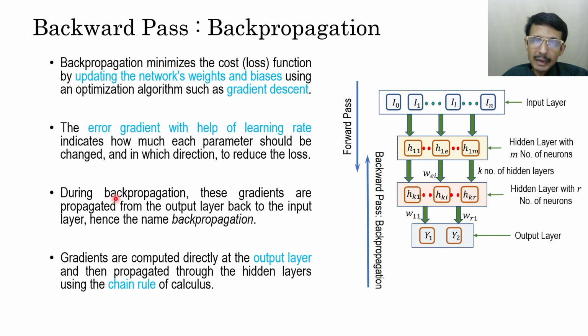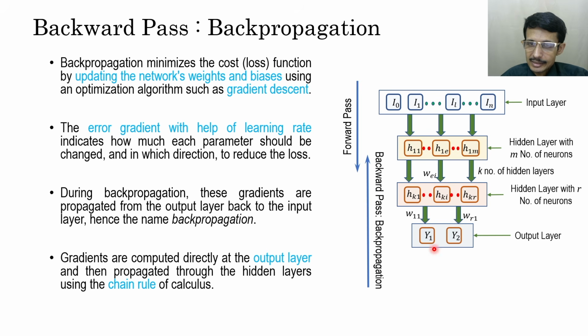Now, what does backpropagation basically do, or what is happening in backpropagation? These gradients are propagated from the output layer back to the input layer, and hence the name backpropagation. And how it is actually propagated, we'll see, is that we use the chain rule. The gradients are computed directly at the output layer.